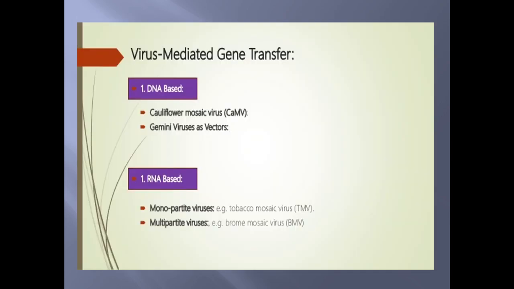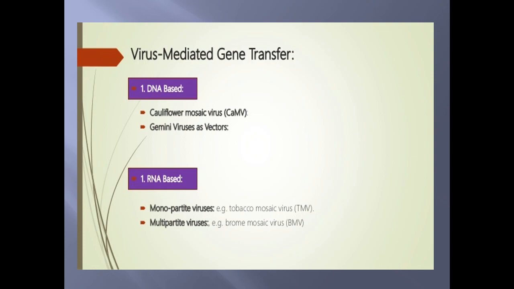The last, in brief, is the other biological organisms which we use for transferring genes, which I will not cover in much detail. Here we use some viruses for transferring genes. We use two types of viruses, DNA viruses and RNA viruses.